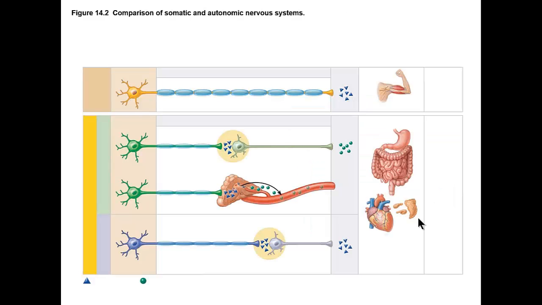So we're going to get real detailed now in looking at the differences between the somatic nervous system, which is shown here. So you want to label this brown square here somatic, and this yellow one is autonomic. And this is a great diagram.